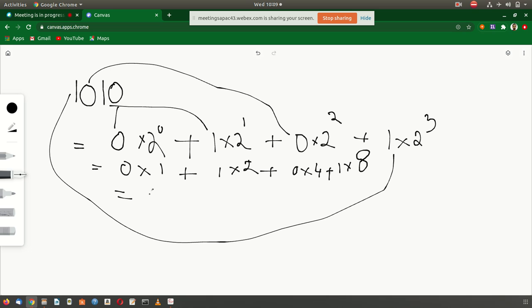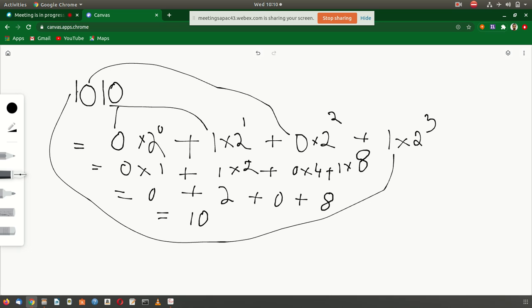So 0 into 1 is 0, plus 1 into 2 is 2, plus 0 into 4 is 0, plus 1 into 8 is 8, which is equal to 10. So this is ten, this is not one zero.